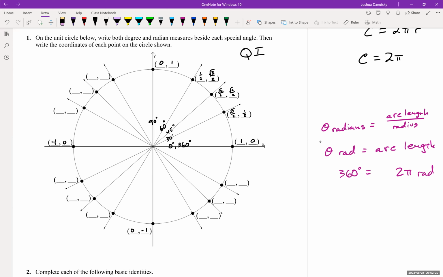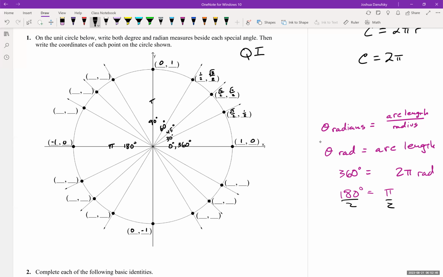That said, we can now treat this as an equation. We could divide both sides by 2. 360 divided by 2 gives us 180. 2 pi divided by 2 just gives us pi. And so that shows us that 180 degrees, which is over here, is the same as pi radians. If I divide this by 2 again, I get 90 degrees is equal to pi over 2.